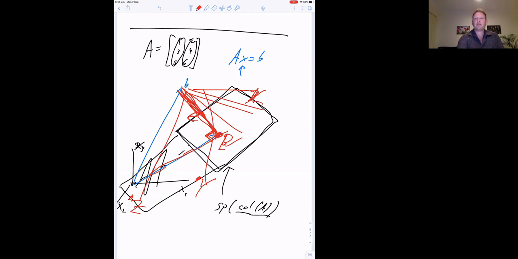Any questions? So we'll get to the null space of A transpose and the null space.